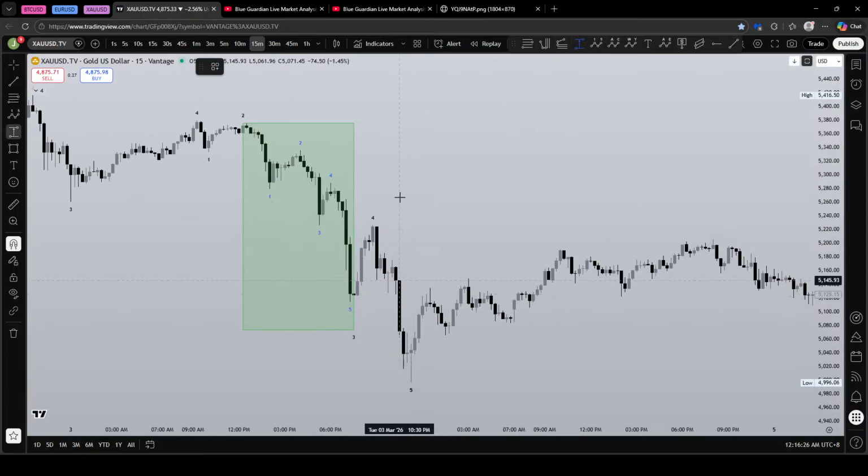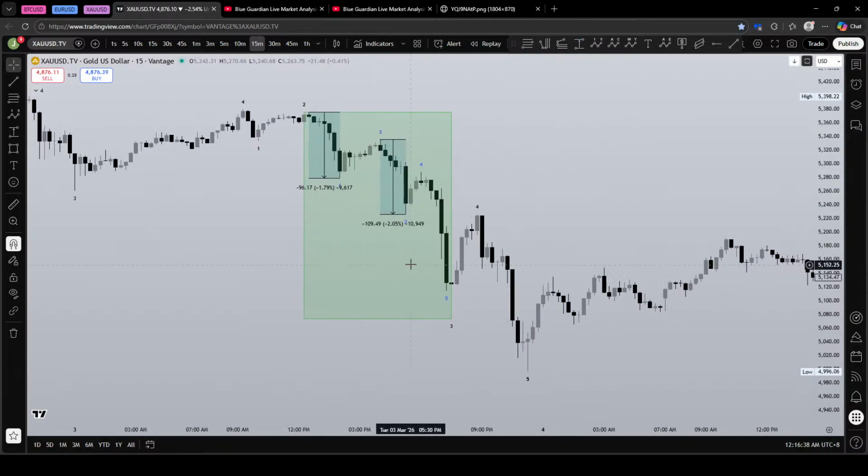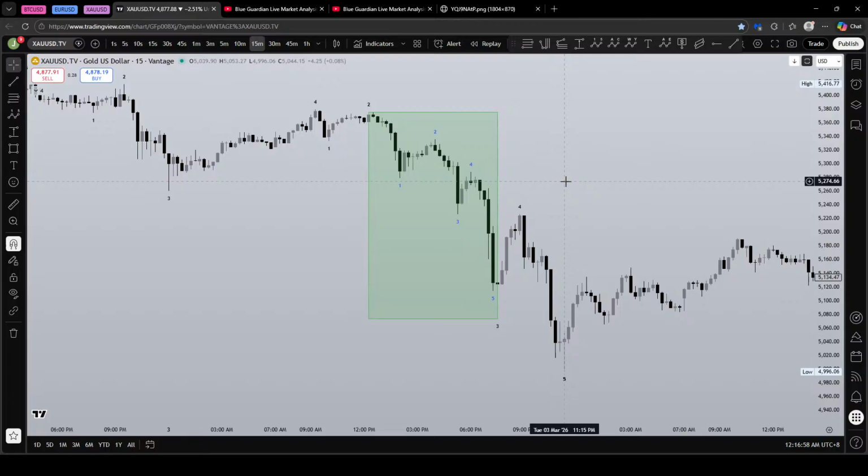To confirm, you must measure the length of wave 1 and compare it to the length of wave 3. By looking at the figures here, wave 3 is 2.05% while wave 1 is 1.79%. That means that wave 3 is not the shortest, which satisfies the second cardinal rule of Elliott wave theory.